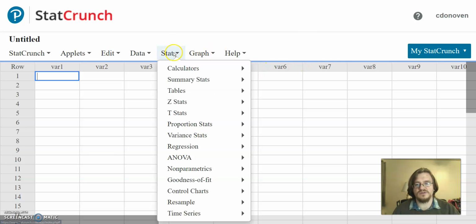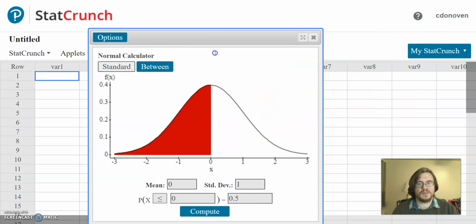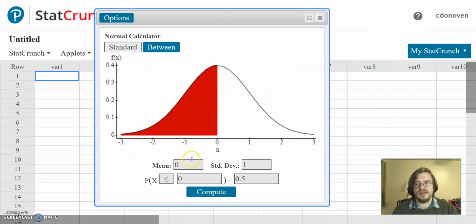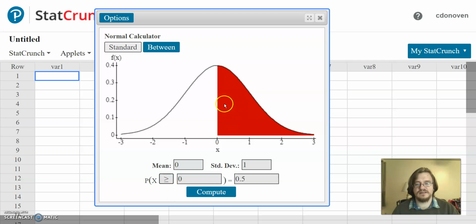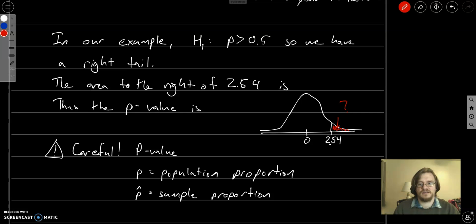If we go into statistics calculators, and use a normal distribution with proportions, we want a right tail, greater than 2.54. We find that the area to the right of a test statistic of 2.54 is 0.0055. So the p-value here is 0.0055.